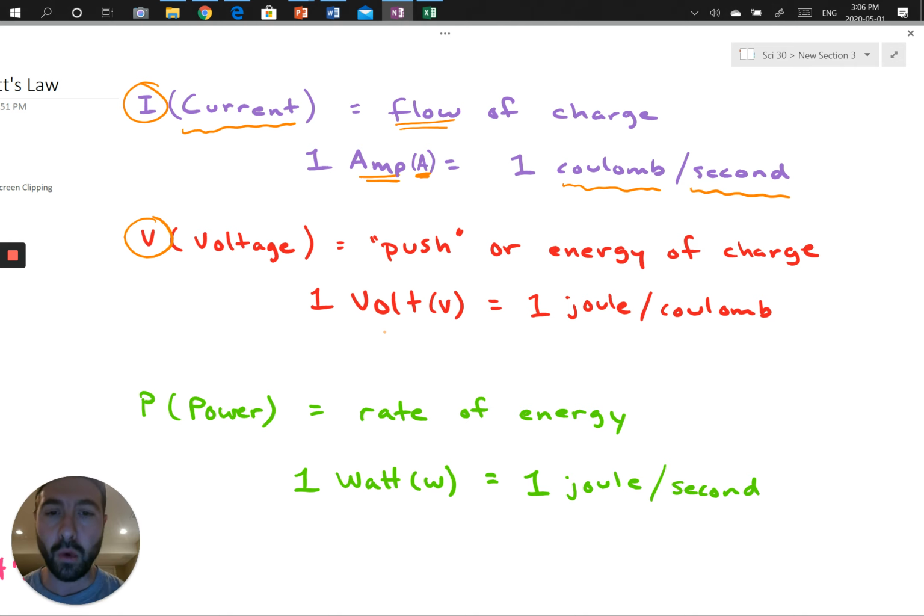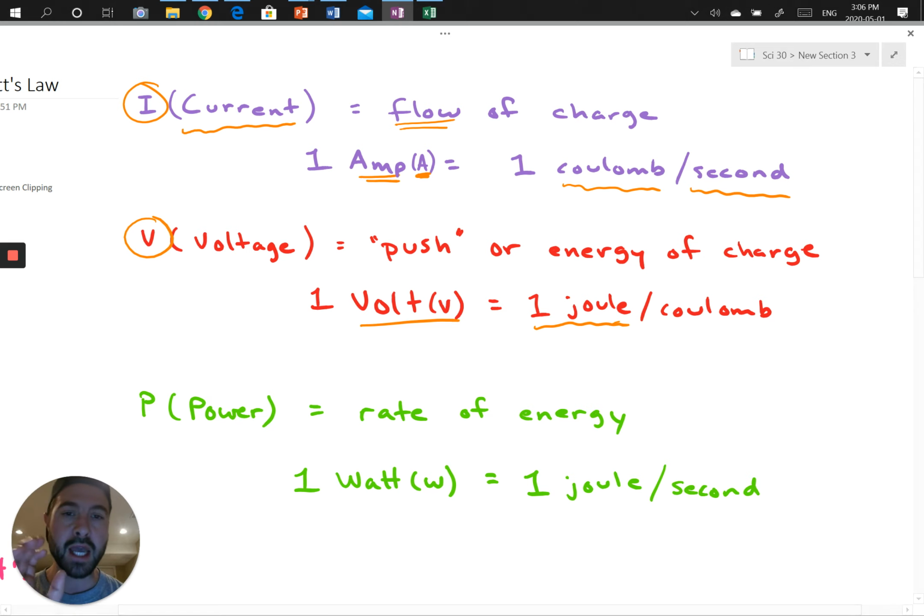So 1 volt is 1 joule. You might remember joules. Joules are a unit that we use for energy. So it's 1 joule of energy per coulomb of charge.